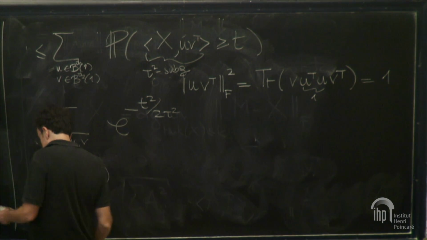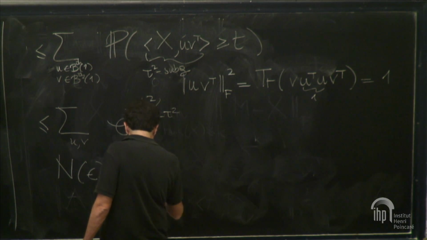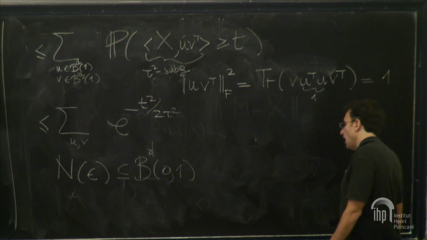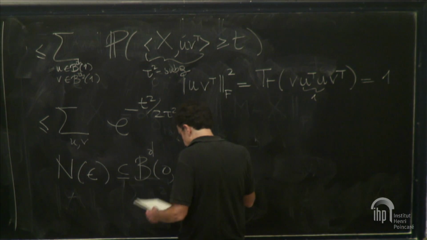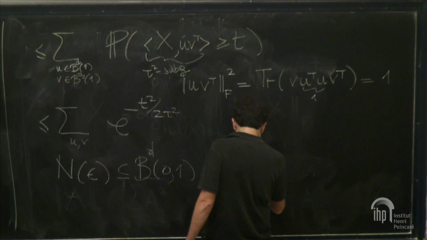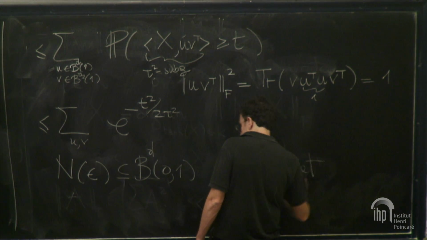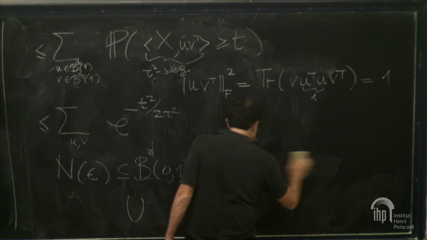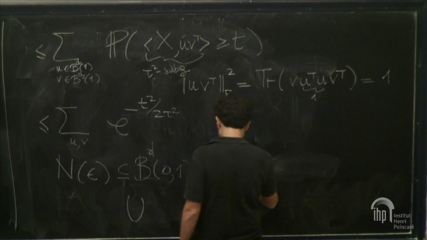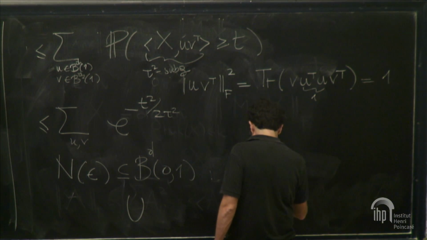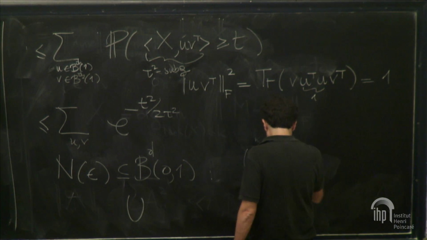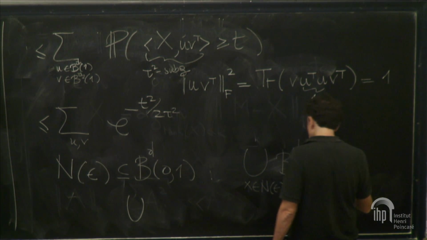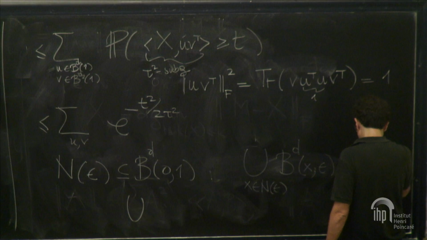So what is an epsilon net? If you take the unit ball in dimension d, an epsilon net is just a subset such that if I do the union over all the points x in the net of the balls of radius epsilon centered at x, this contains my original ball.